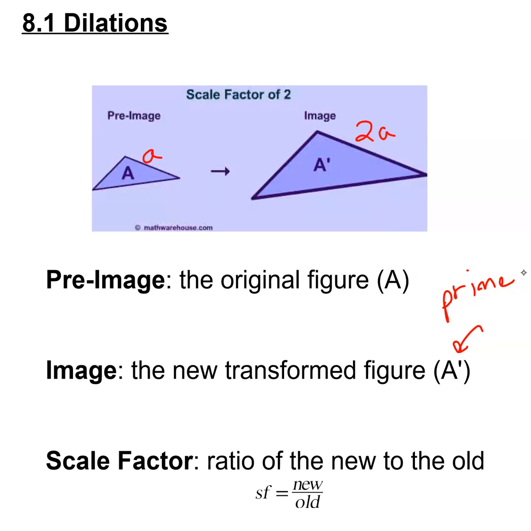And then the scale factor that you saw mentioned in the picture, that's the ratio of the new to the old. So for this one, the new length of this side is 2A, so the scale factor would be 2A over the original length, which was A, and we know that then our A's would cancel out, so this has a scale factor of 2, and we're going to practice that as we go through this section.